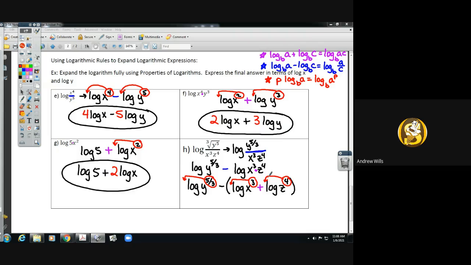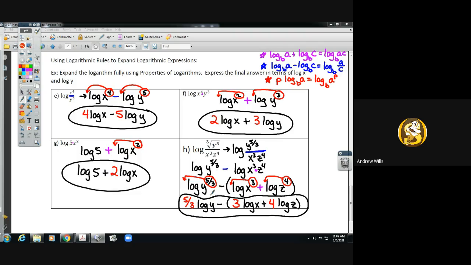So our final answer would be 5/3 times the log of y minus 3 times the log of x plus 4 times the log of z. And that would be our expanded form.